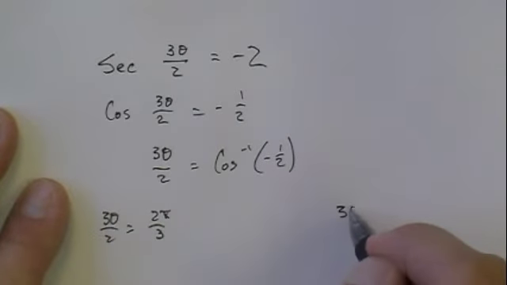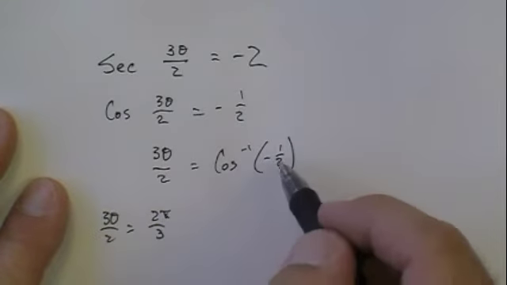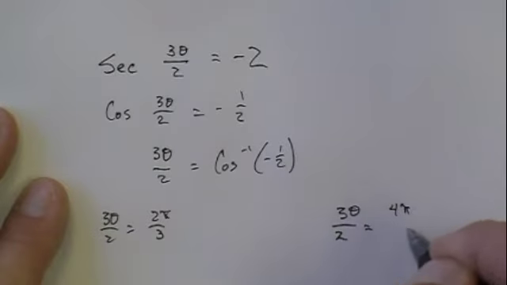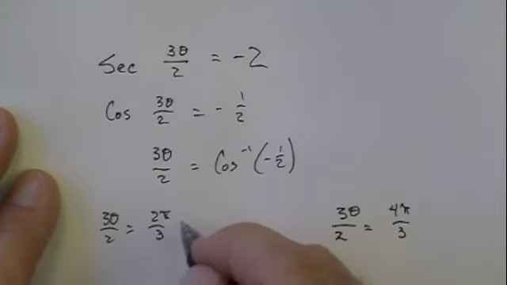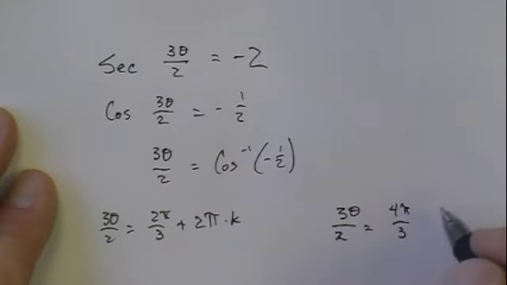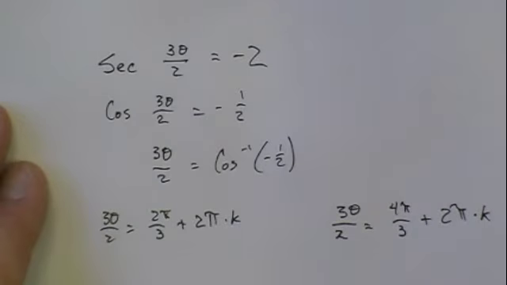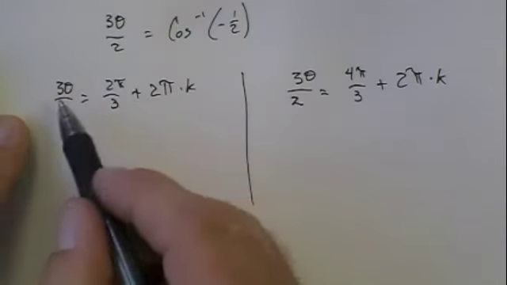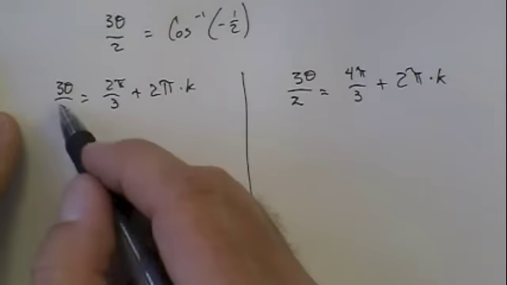And then we also have inverse cosine of -1/2 is also equal to 4 pi over 3. And then we're taking those multiple laps. So 2 pi times k on both of those. And now we're solving for theta on each of these. So if I just work on this side, I'm going to multiply by the reciprocal here.